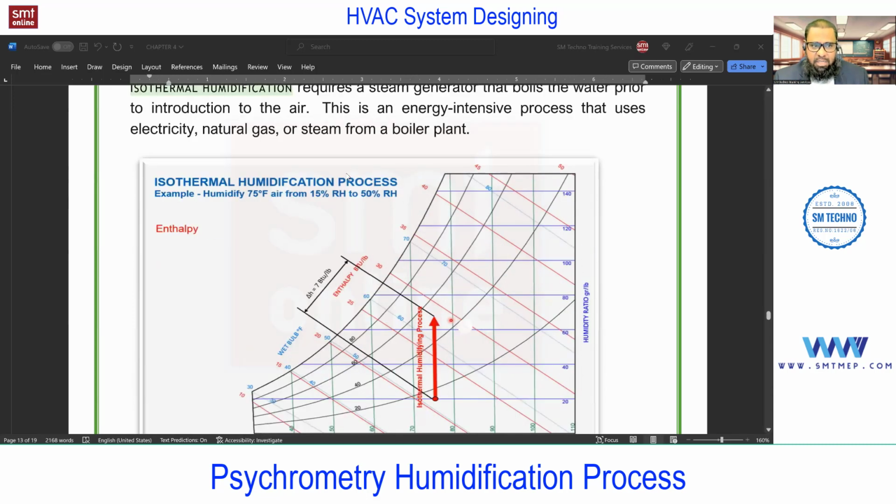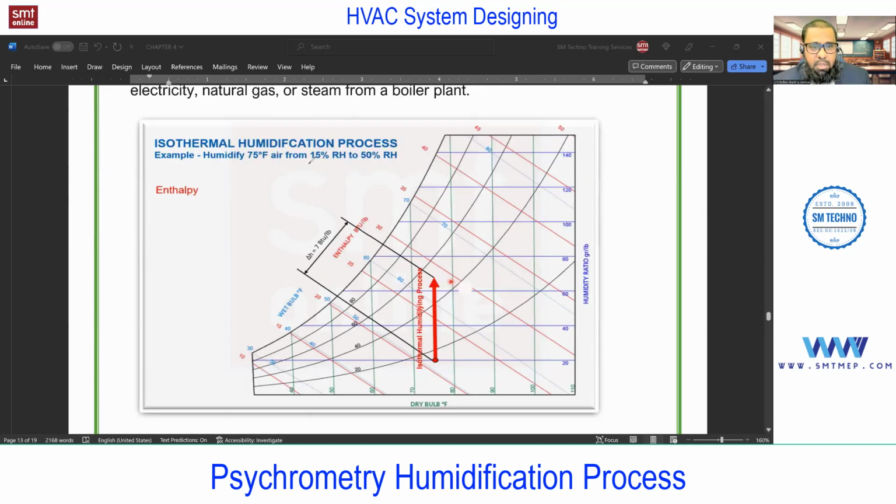So what is the requirement? Isothermal humidification means we are maintaining the same temperature and we are adding the moisture. We are not changing the temperature, because the process will give you the idea, right? At constant temperature, we are adding the moisture. So our requirement is 75 degree Fahrenheit air at 15% RH.